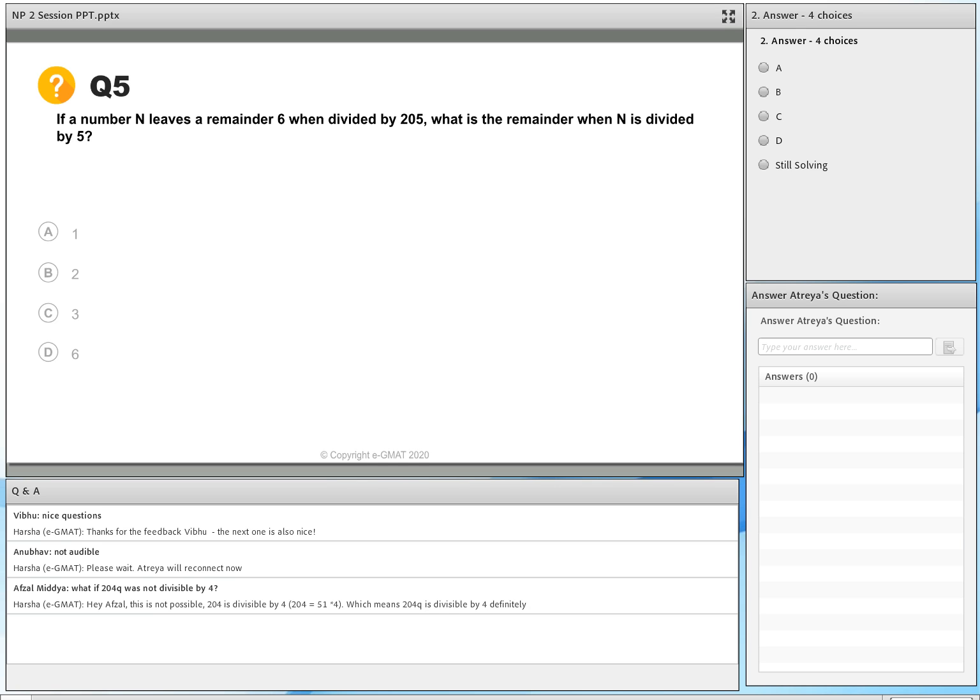All right, last 10 seconds for this question. Please mark your answer if you have not marked it. 3, 2, and 1. So I'm going to end the poll.